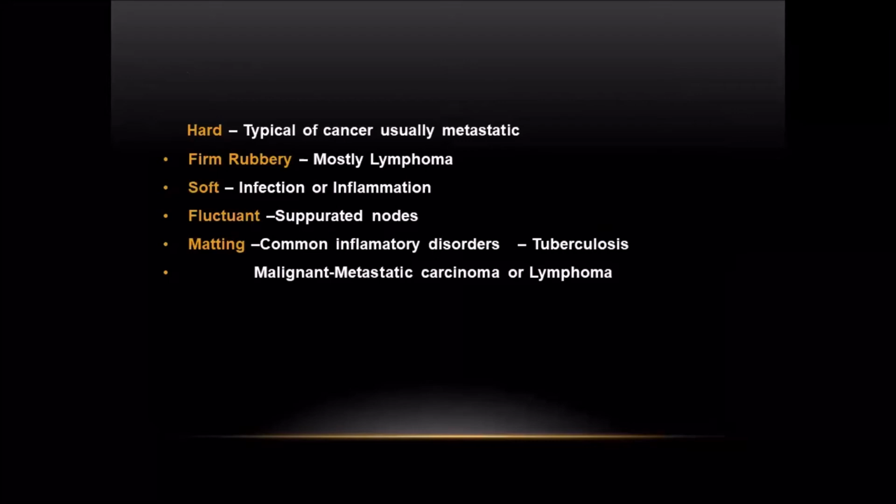Lymphoma is usually firm and rubbery. If there is an infection or a suppurated node, it can be soft or fluctuant. Matting of lymph nodes is commonly seen in chronic inflammatory disease such as tuberculosis, and in malignant metastatic carcinoma as well as lymphoma.